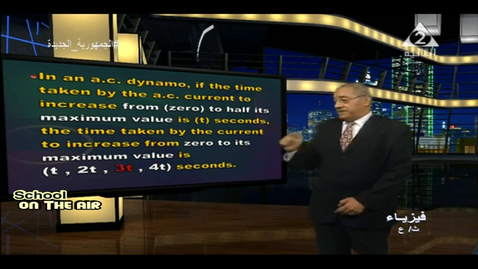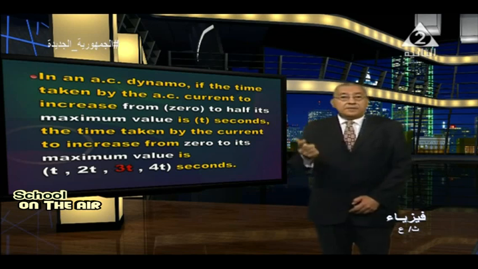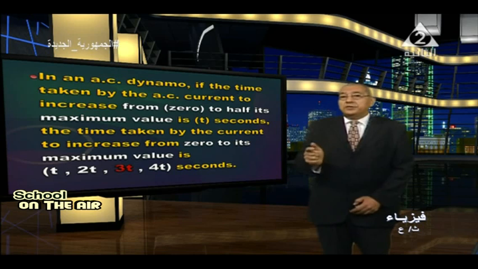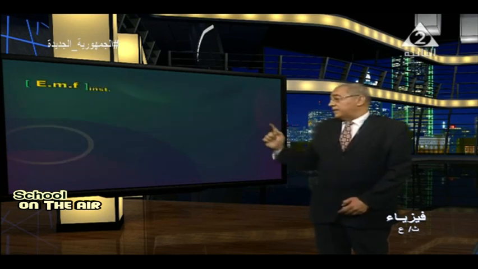Your attention, and please write the following piece of information. It is 3T. The question is why? Time to reach the maximum is 3 times as great as the time to reach half the maximum. Why? Because the current changes sinusoidally according to a sine wave. Instantaneous EMF equals maximum EMF times sine theta.